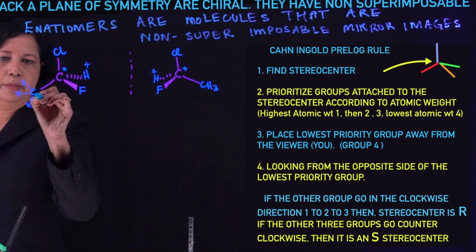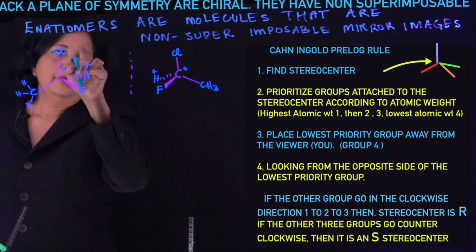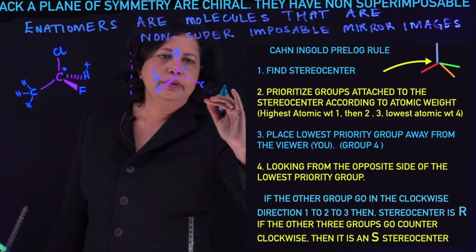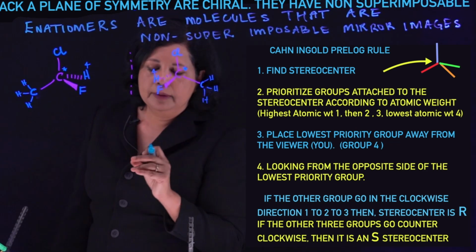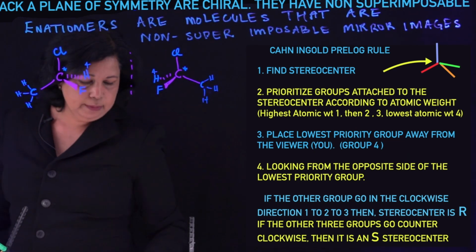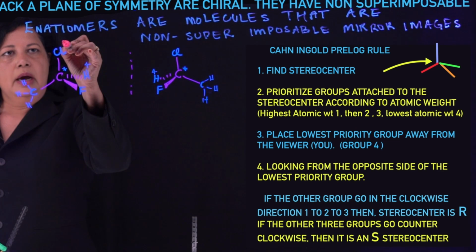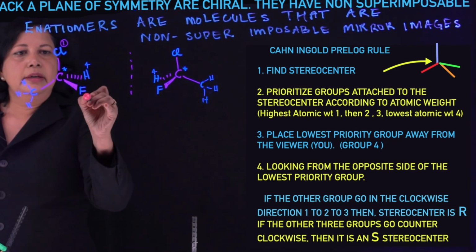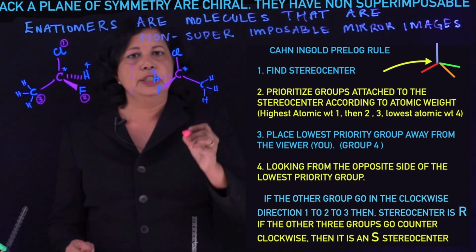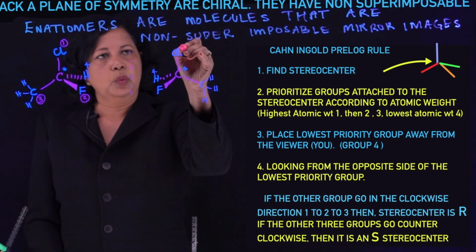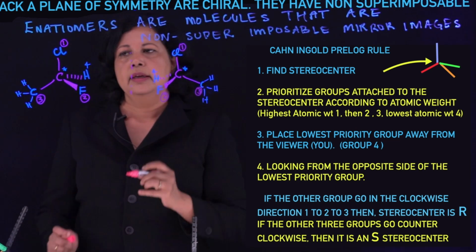So this carbon is 12, fluorine 19, and chlorine 35.45. So you have to go exactly by the periodic table. So chlorine would be the highest, then the fluorine, then the carbon at the point of attachment. Same here, 1, 2, and 3.